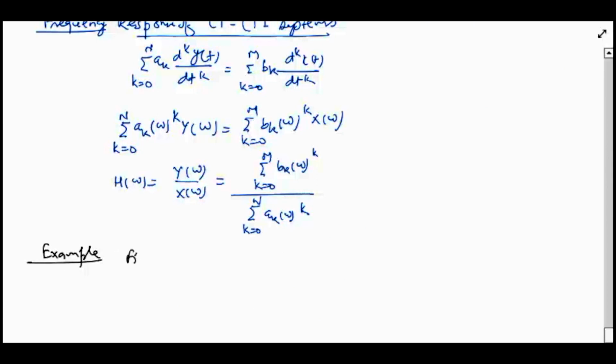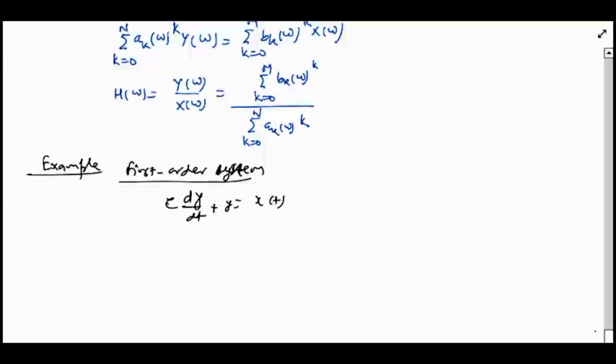Consider the following system, which is a first order system, given by the differential equation tau dy over dt plus y equals x(t). Tau here is often referred to as the time constant.